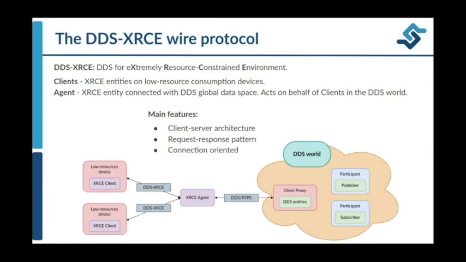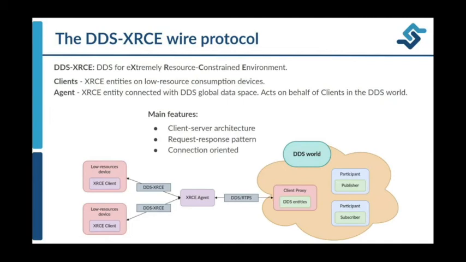Okay, so in this DDS world, fully deployed, the role of the agent is that of forwarding the requests of the client to the global data space by creating a client proxy that is able to interact with DDS by means of all the standard entities of a DDS domain, such as the participant and publisher, subscriber, topics, all the nice features that we have just seen in the Jaime presentation.